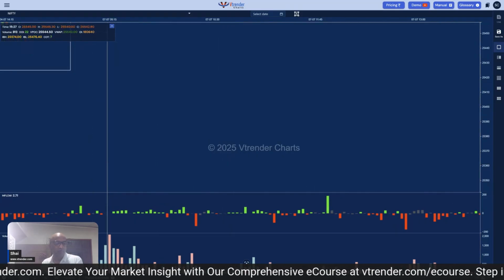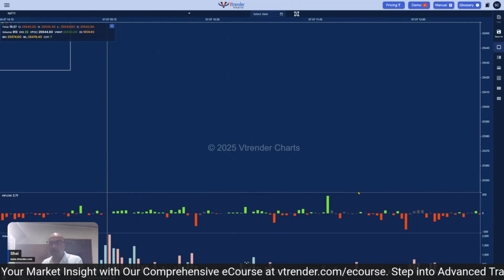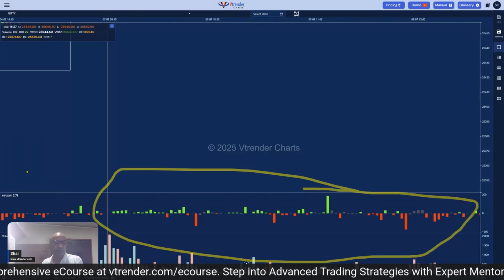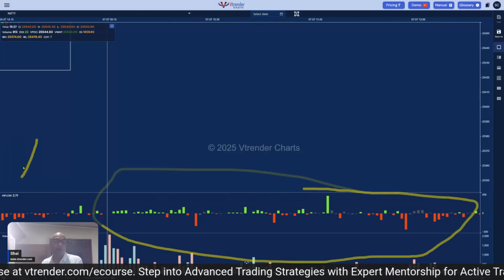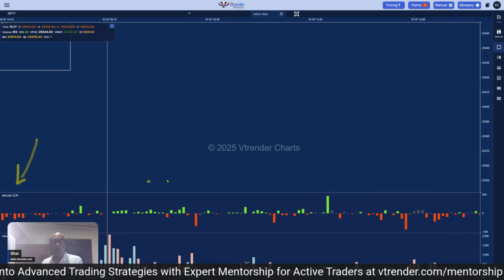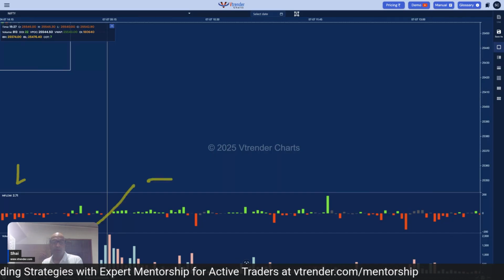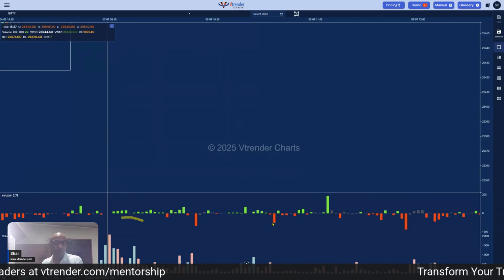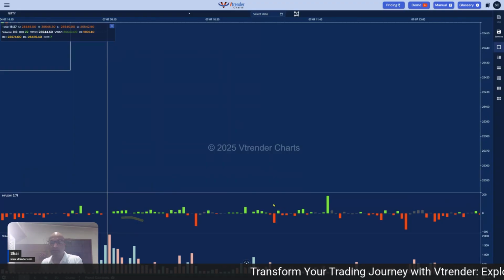In this volume information, you'll find a series of green bars and red bars in the second pane, the MFlow, and it's always going to be measured as red and green. Because this is just a 3-minute chart, these bars show up every 3 minutes. If you plot it as a 30-minute chart, you get a 30-minute version of it, whatever time frame you choose.